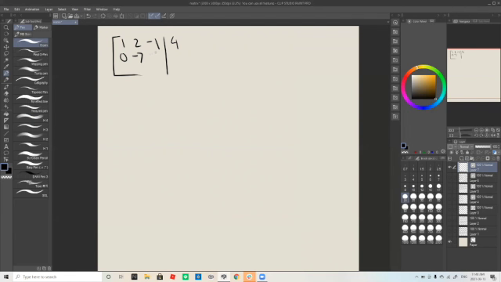Is that something new? No, it's the same matrix we stopped with last time. Oh, never mind. I see it. Yeah. This is the one that we were doing. We derived last time.